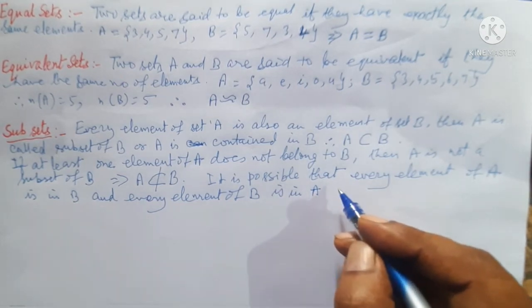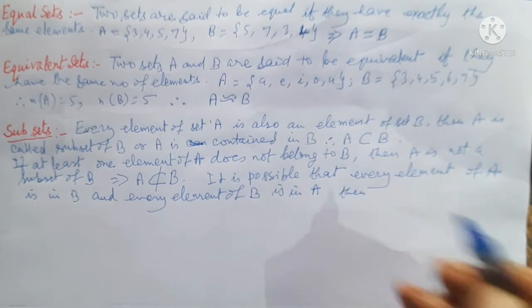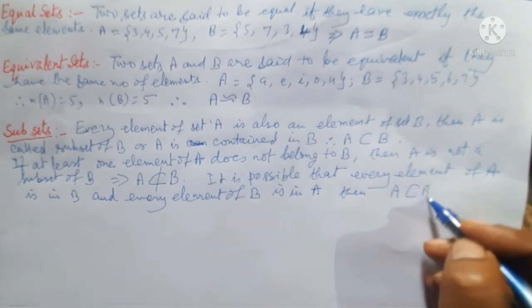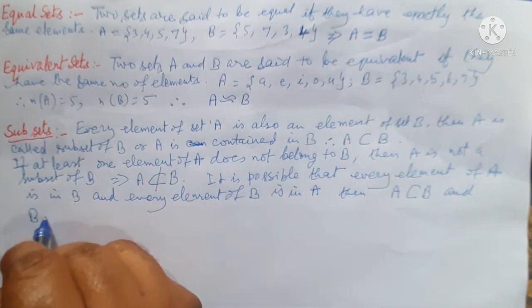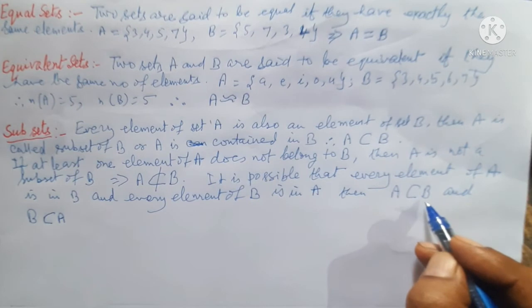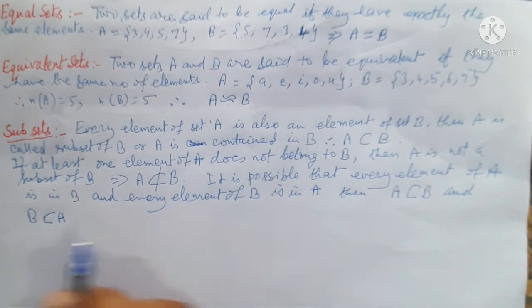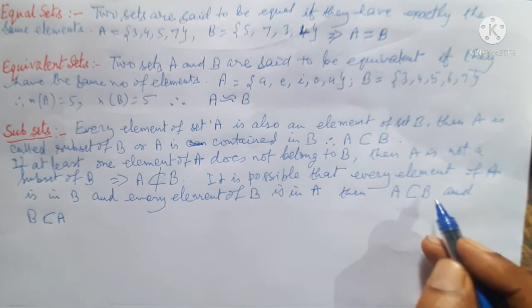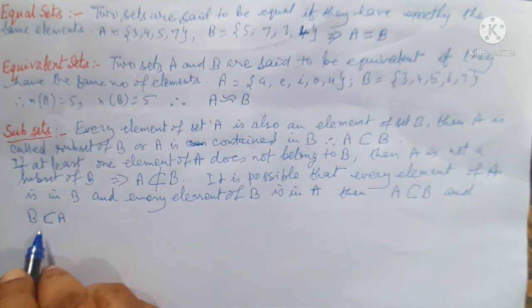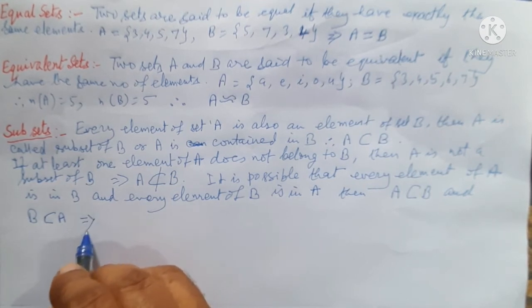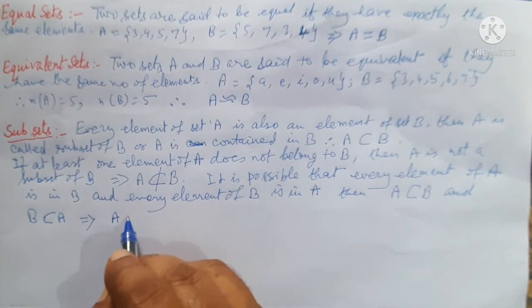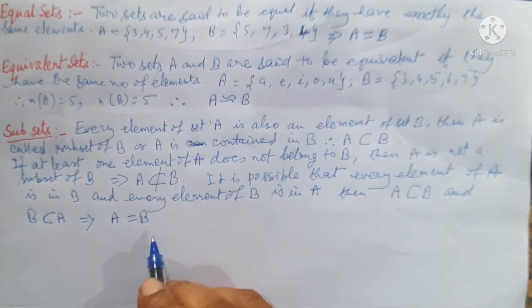Then A is a subset of B and B is a subset of A, because every element of set A is in B and every element of set B is in A. This implies set A is equal to set B. This implies set A and set B are equal sets.